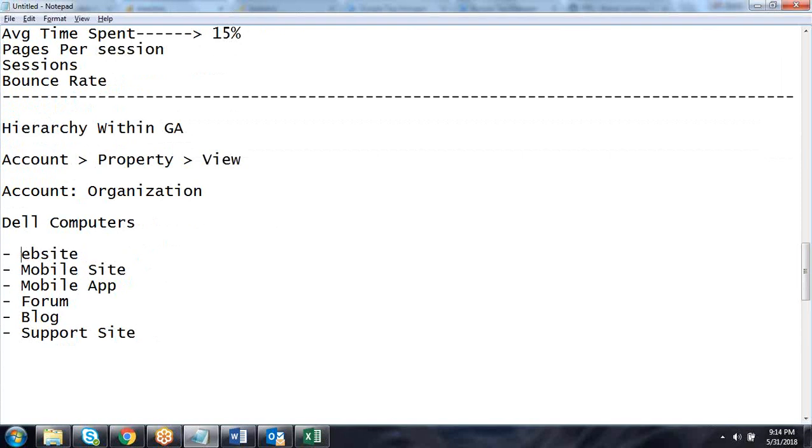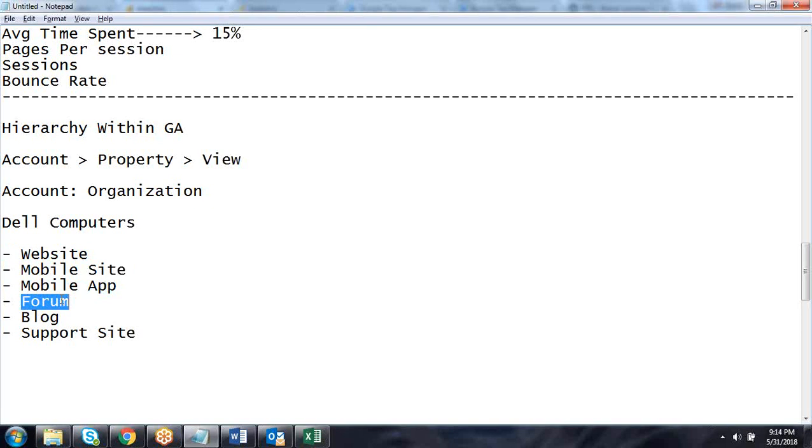Now, the function of the website, mobile site, and mobile app, these 3 things, is to sell Dell products and services. Make sense, everyone? Whereas the forum is so that people, Dell product owners, can come together and discuss their problems, their solutions, their good things and bad things.